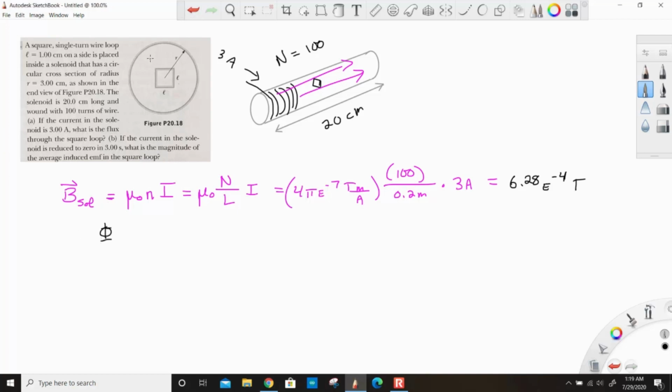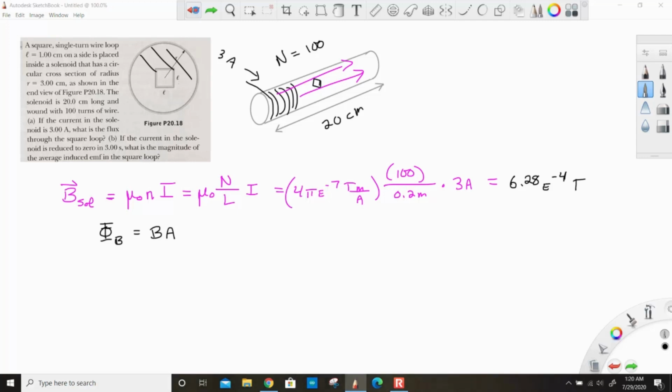Now we know that this square is face on with the field here. We don't actually know that, but it implies that with the drawing. So then the flux is going to be such that we have magnetic field times area of our square, because we're not considering the magnetic field outside the square.